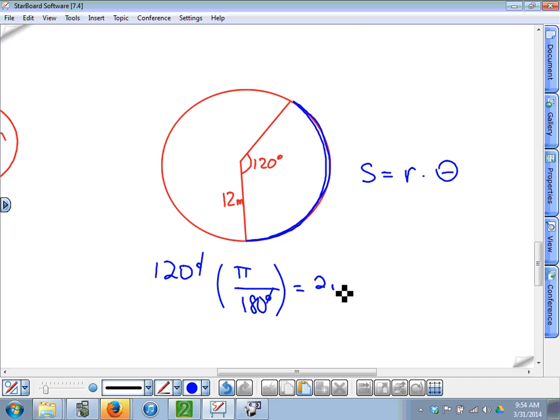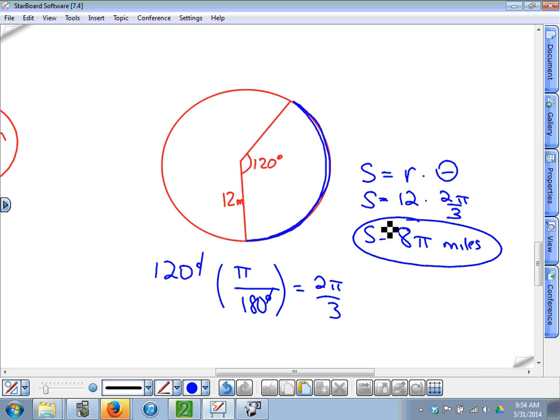So it's 2 pi over 3. So now we use the formula. S is equal to the radius, which is 12, times the angle, 2 pi over 3. This one actually can simplify a little bit more. 12 times 2 is 24, but 24 divided by 3 is 8. So S is equal to 8 pi miles. It's a pretty big circle. Or arc.